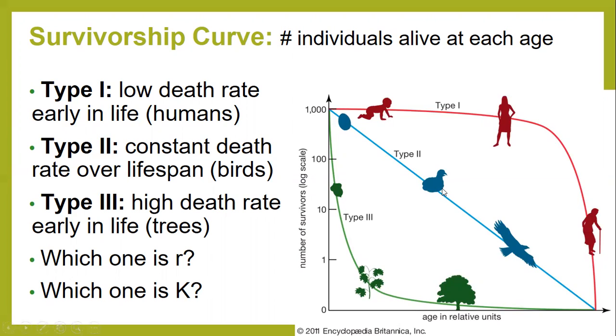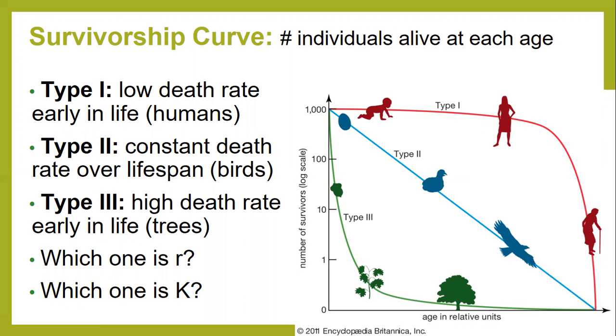Then maybe when they try to find their first mate, they get injured. Maybe they get attacked by somebody else in their juvenile years. They get their wing bitten. They can't fly. Then in their adult years, the environment changes a little bit. They can't find food. They get hit by a car. They have an equal chance of death anywhere from the very first day of life all the way up to the very last day of life.